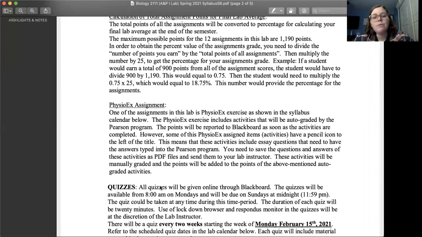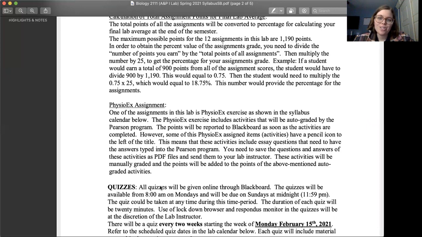That way I can read what you wrote and grade you accordingly. I do have the answer sheet so I can grade you, but for some reason I cannot go into Pearson and see what you wrote.